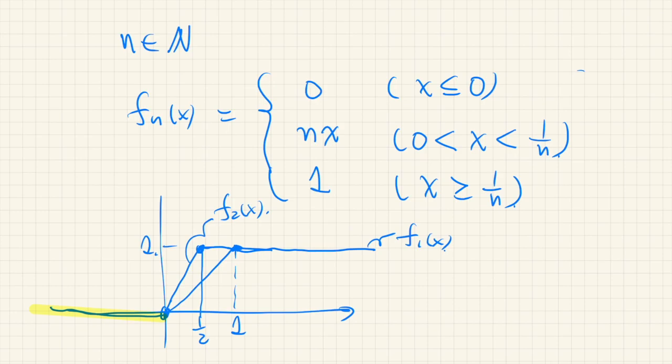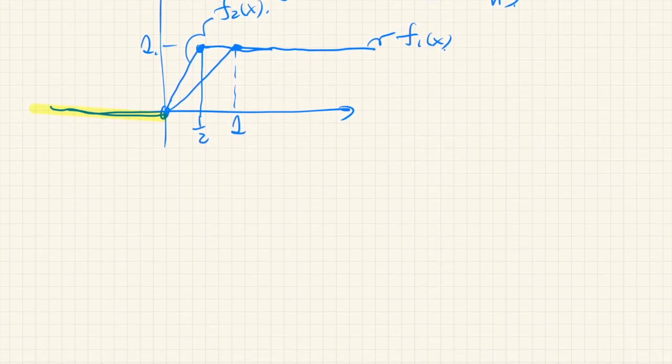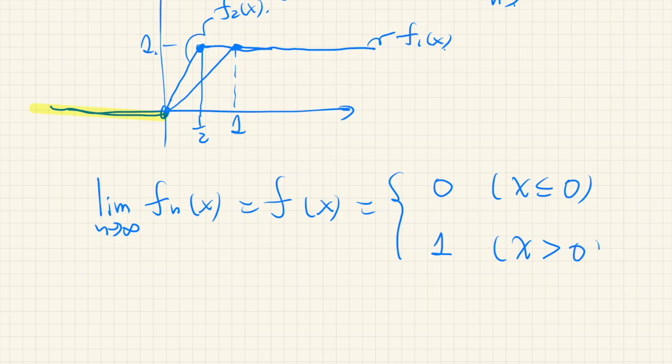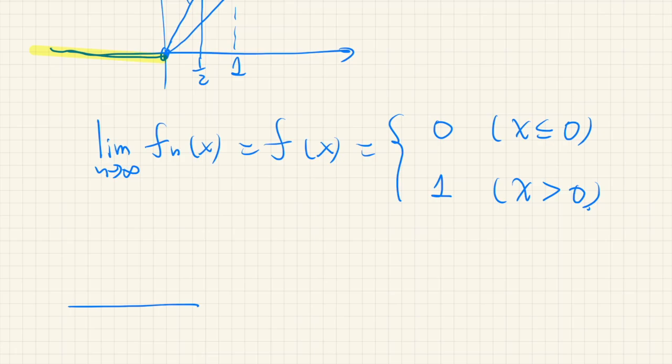Now, if we increase n to infinity, then the limiting function becomes this. That is 0 if x is less than or equal to 0, and 1 if x is strictly positive. And obviously, this function is not continuous.